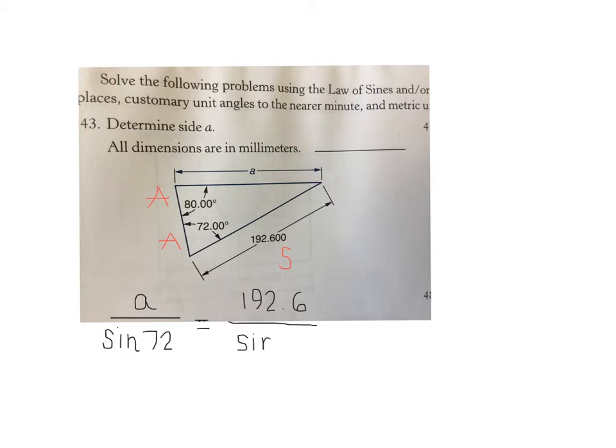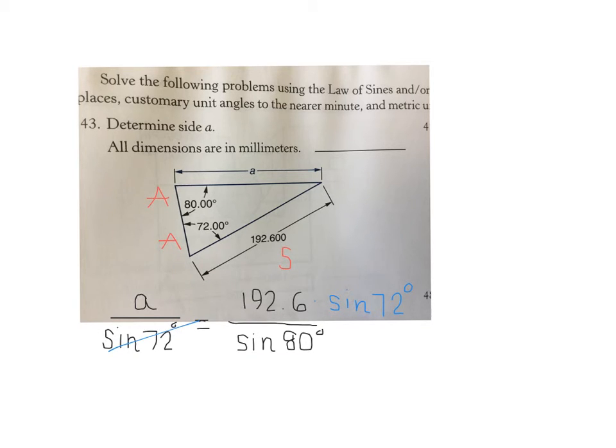If we didn't know the angle opposite it, we could take 180 minus the two angles that were given and find the angle opposite it. But in this case, we know the angle opposite it. So now to solve for A, it's being divided by the sine of 72, so I'm going to multiply by the sine of 72 to get A alone.